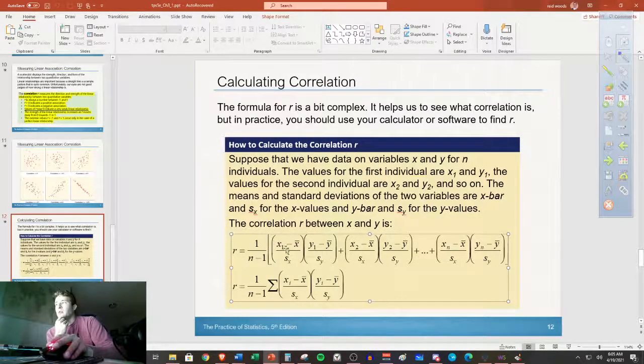It's the positional value of the X list over its standard deviation, so that's like a z-score for that, times the y value z-score that's paired up with it. You keep doing that for every pair and add them all together, and then you divide by 1 over n minus 1, which is degrees of freedom.